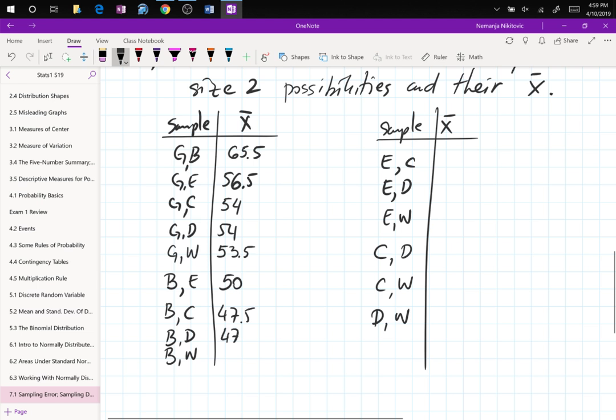And the next one is 47.5. And finally, we have a BW. So that's going to be 94, right? 94 divided by 2 is 47.